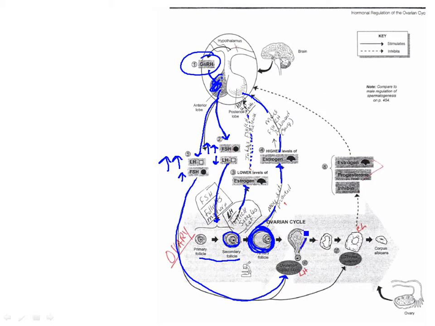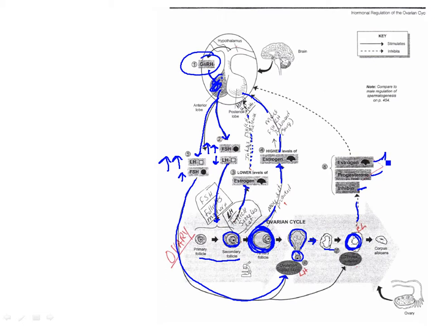So that mature follicle now releases that oocyte, then that empty follicle becomes the corpus luteum. The corpus luteum then secretes estrogen and progesterone, which help to maintain the uterus, and also a chemical known as inhibin.